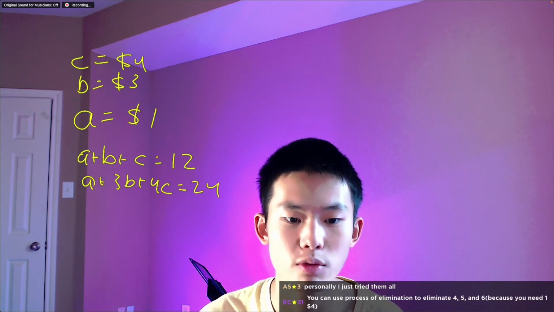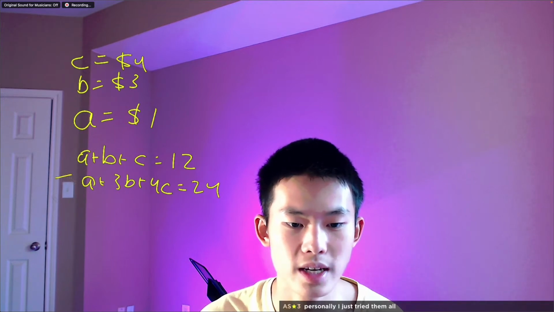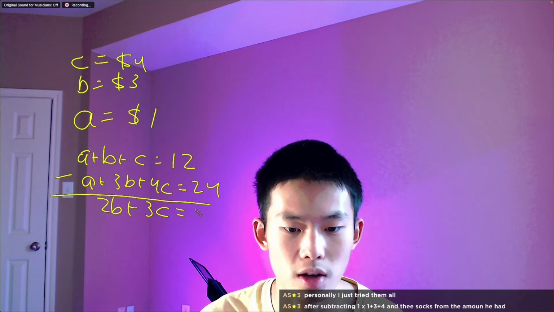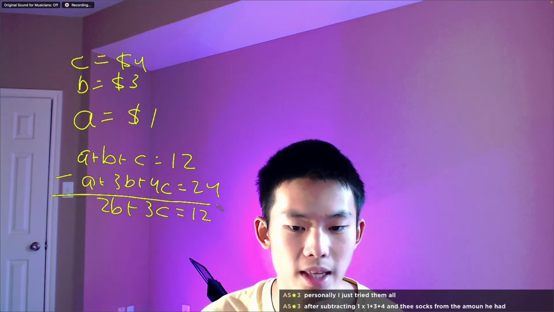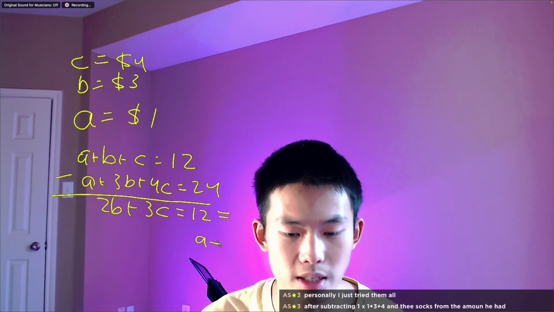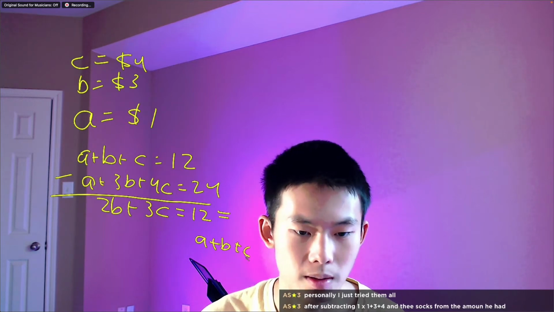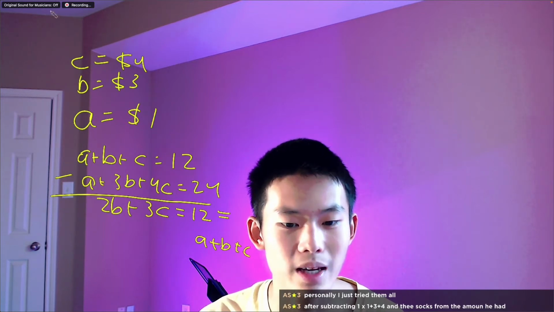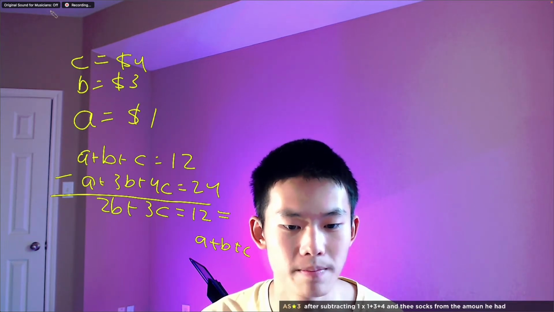Now we can subtract these two equations and end up getting that 2B plus 3C equals 12. And we can also say that this equals A plus B plus C. I think I might have messed up my cancellation a bit, but those are the two equations we get, right?